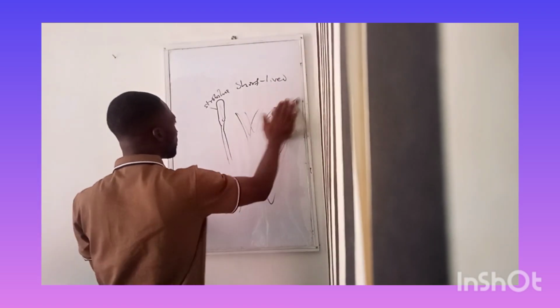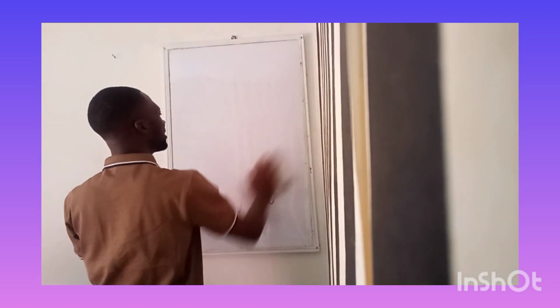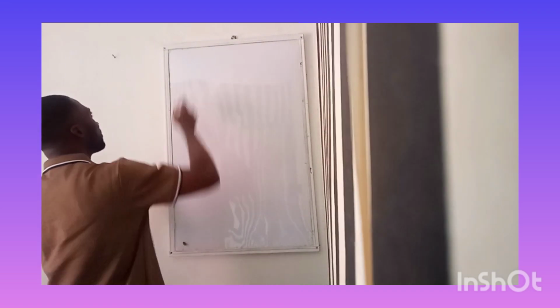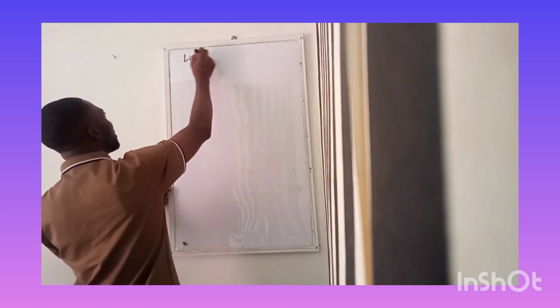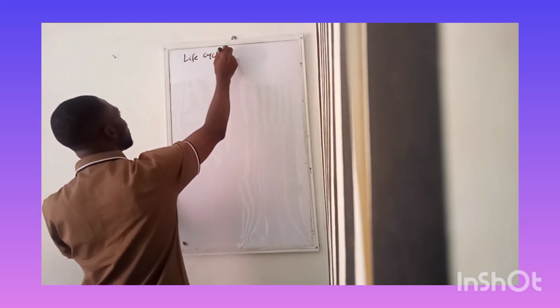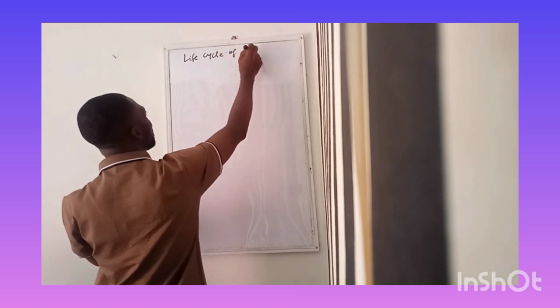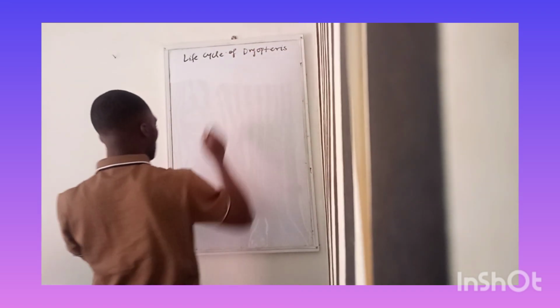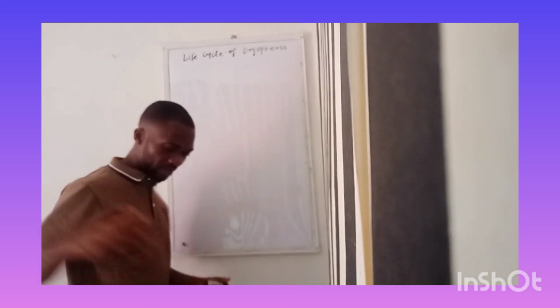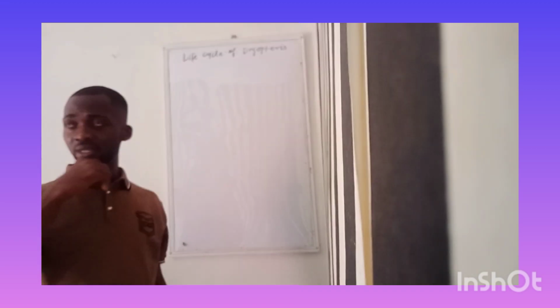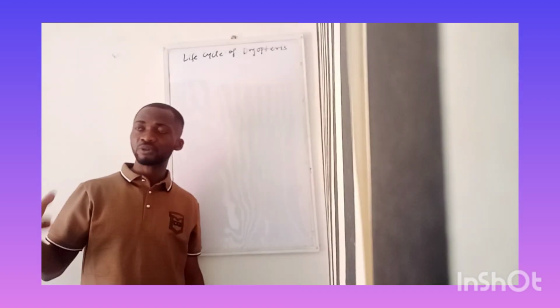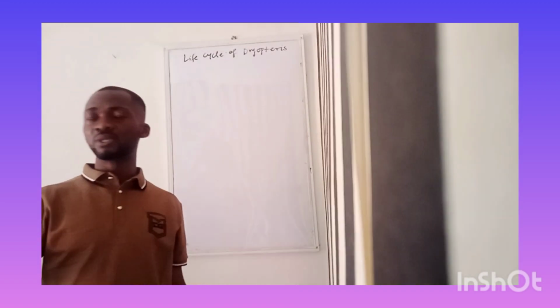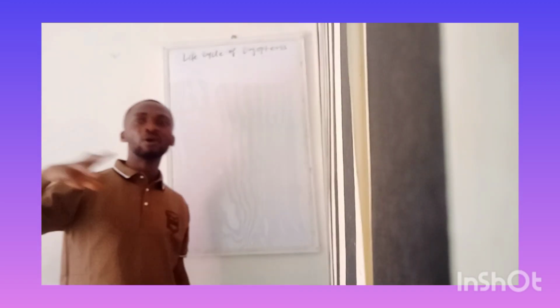So we are talking about the life cycle of Dryopteris. Of course, the plant Dryopteris produces the sporophyll with sorus, then sporangium, then all this.